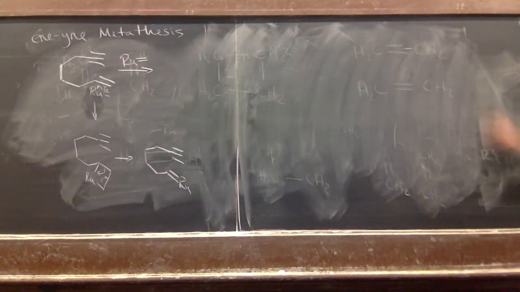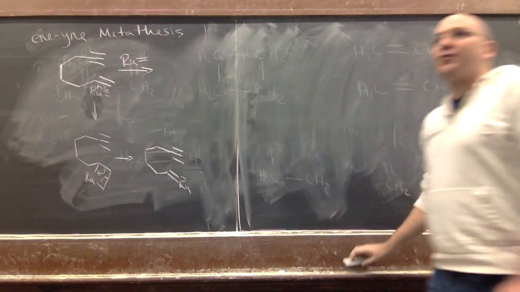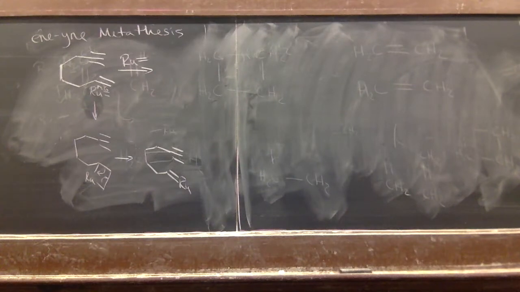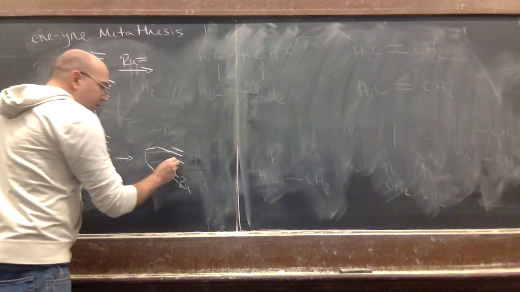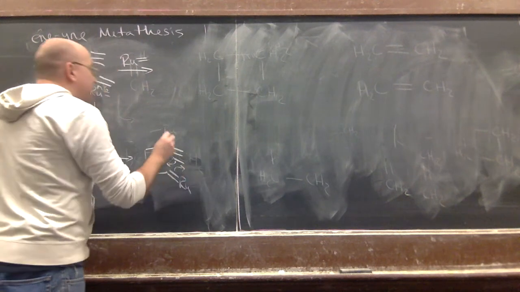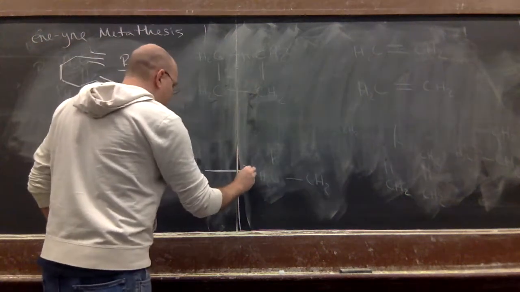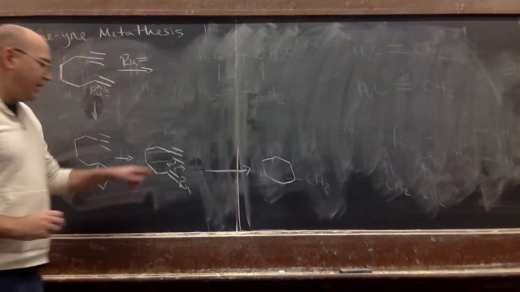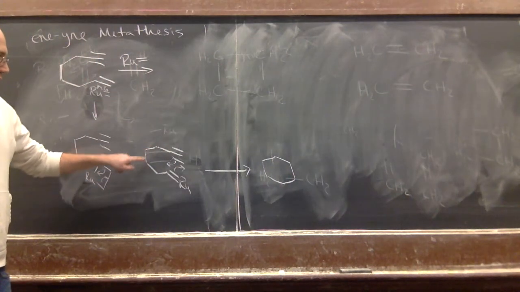And now where it gets a little bit different than what we've seen in the past is that our ruthenium double bond carbon is now going to react with the alkyne, right? The other pi system that it has is the alkyne. Okay? 1, 2, 3, 4, 5, 6.